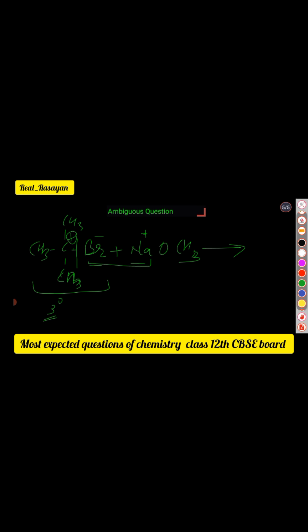Suppose this sodium bromide is formed here and this CH3O, containing an oxygen atom, acts as a nucleophile. This nucleophile abstracts a proton, as electrophile, from this carbocation.